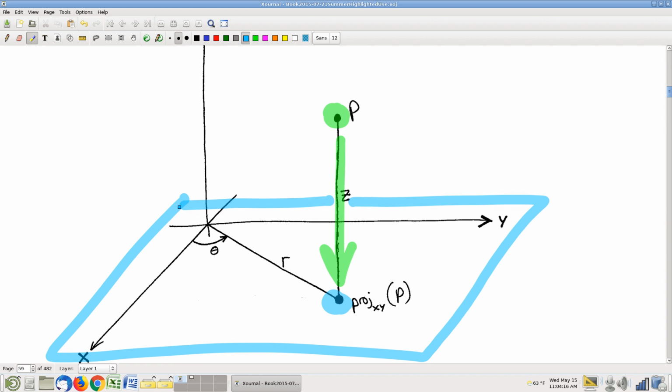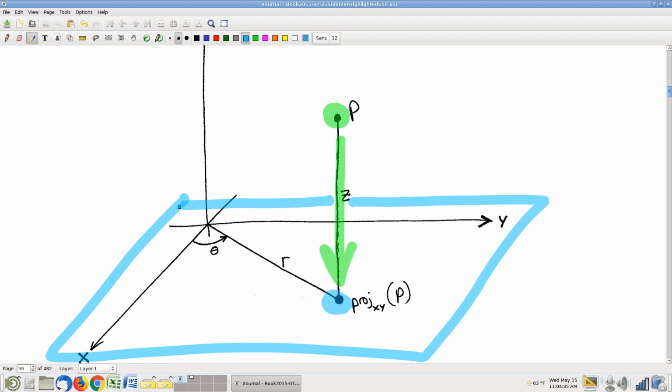Okay? And then you can describe this original point by the polar coordinates of the projection, comma, the z, that describes how far you dropped it down. Okay? So you can see why they call this polar coordinates in R3. It's a rip-off of polar coordinates, right?